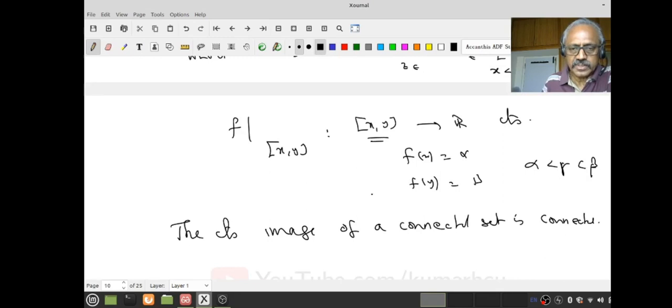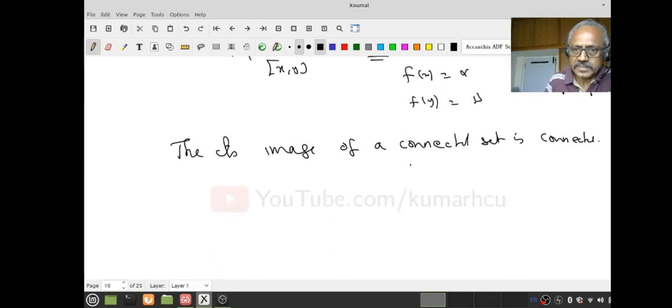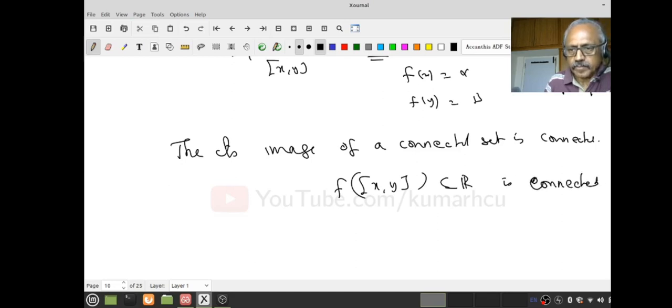We know the interval is connected. That's the first thing we proved using the LU property. This is connected, therefore f of xy, a subset of R, is connected. Is that clear? Very good.